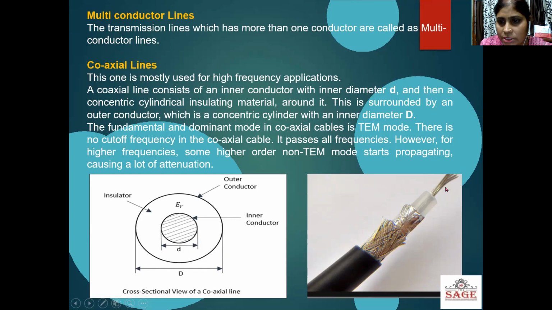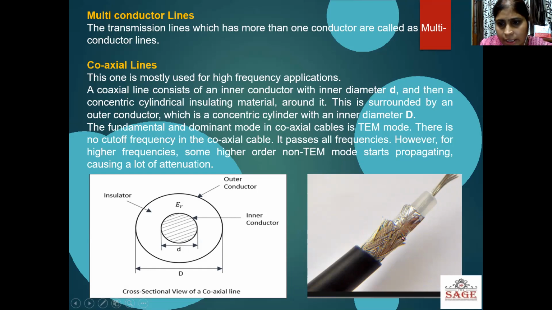In this diagram you can see the coaxial line. This is the inner conductor. This is the insulating material surrounding the inner conductor. This is the outer conductor, threads of wires. This is the outer conductor, and outside of this also a plastic insulating material is used.